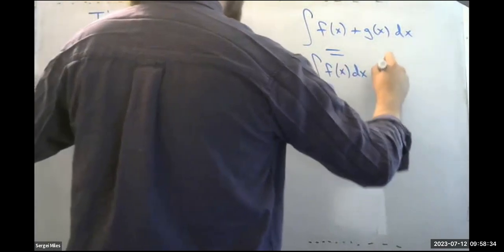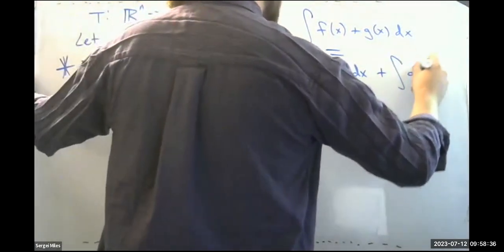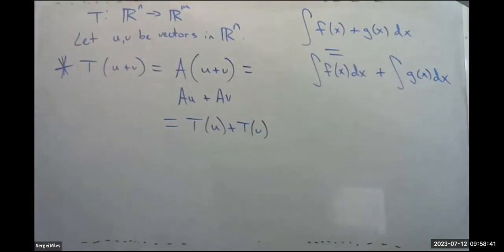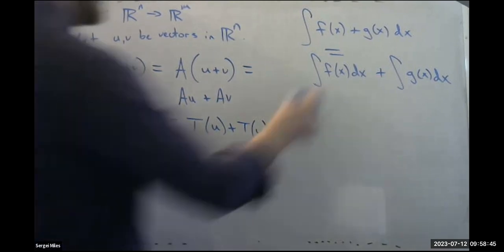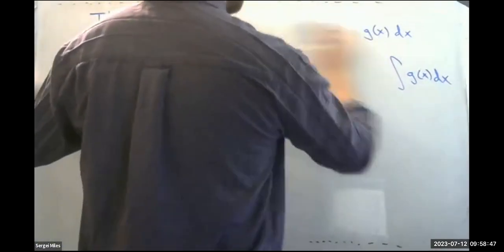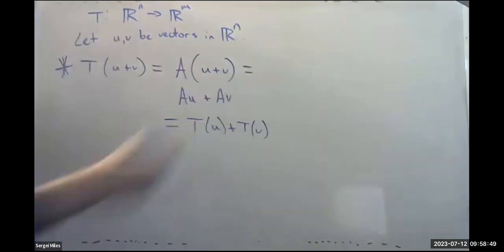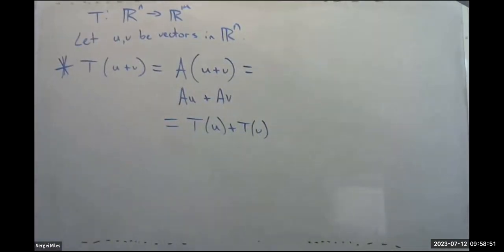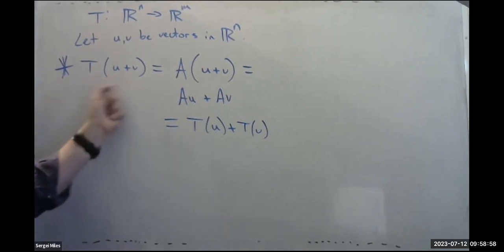In fact, the integral is also a linear transformation, as you would have seen in calculus class. The derivative is also a linear transformation. These are all examples of other types of linear transformations. But the point here is that matrix multiplication is just another linear transformation that allows us to do this trick.